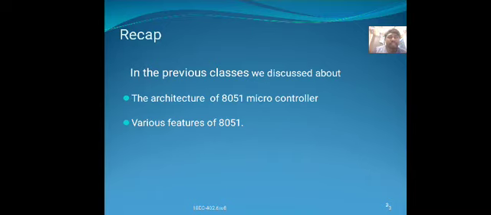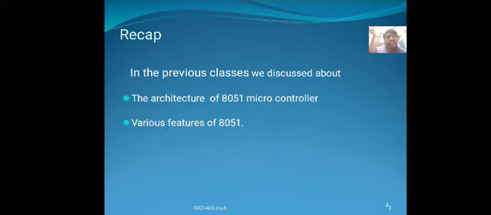We also discussed the features of these blocks and registers. The special function registers are TMOD, TCON, interrupt enable, interrupt priority, PCON, SBUF, and the 4 ports: port 0, port 1, port 2, port 3. This discussion is also completed. These are the major things discussed in the previous classes.